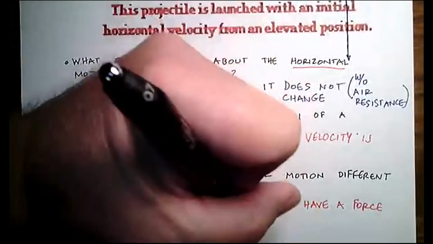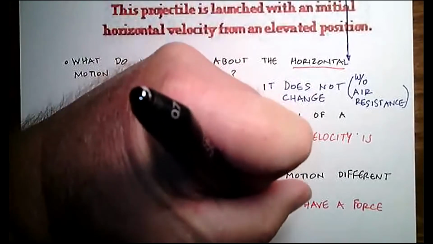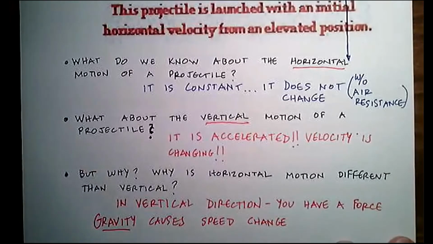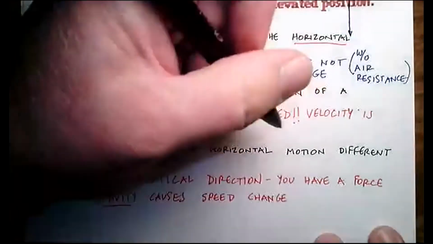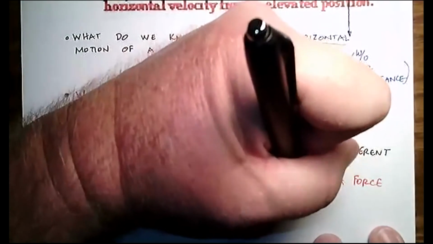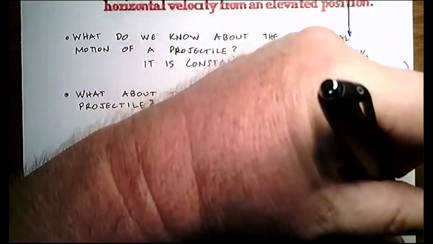And that's going to cause the speed to change in the direction that the force is acting. Well, what direction does gravity always act in? It always acts vertically. So in the vertical direction, you have a force, gravity, which causes speed change in the vertical direction.